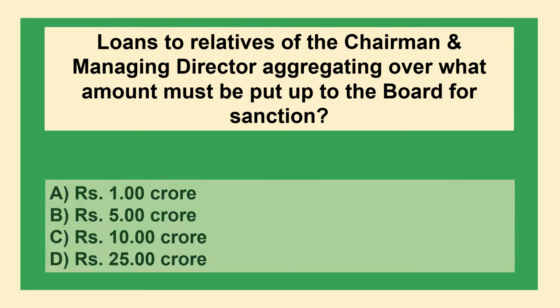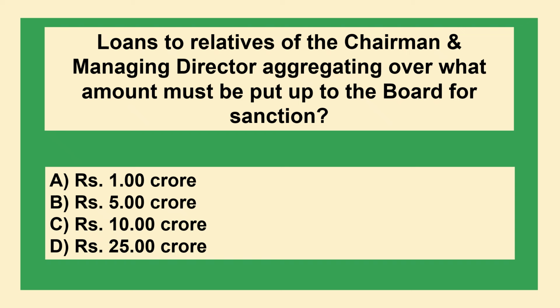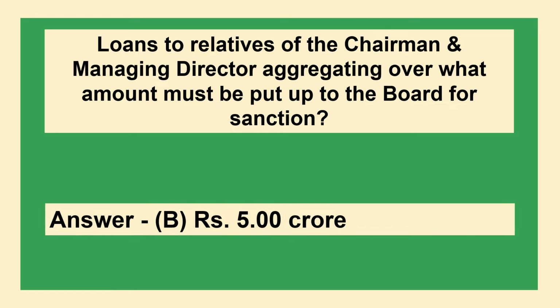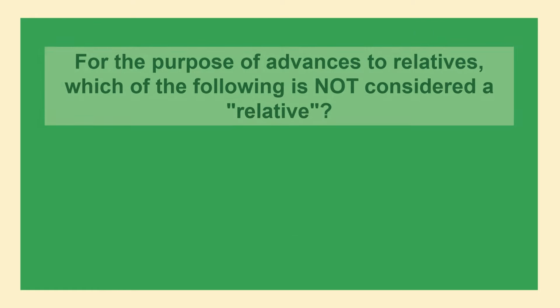The next question is: loans to relatives of the chairman and managing director aggregating over what amount must be put up to the board for sanction? Option A, rupees 1 crore, option B, rupees 5 crore, option C, rupees 10 crores, or option D, rupees 25 crores. And the correct answer is option B, rupees 5 crores.